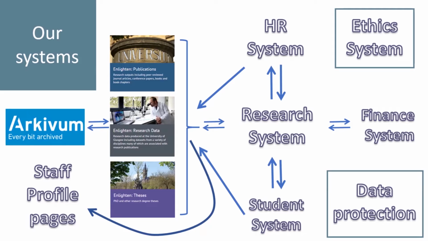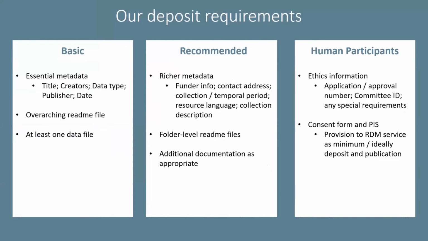So as a service, we've had to find ways to make sure that when we're depositing data, especially data that comes from human participants, we're doing so in a way that takes the ethics and the data protection into account.